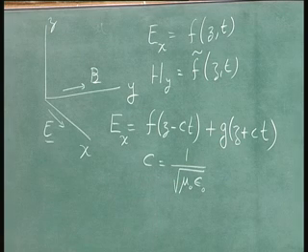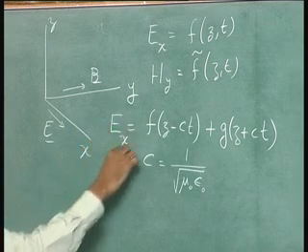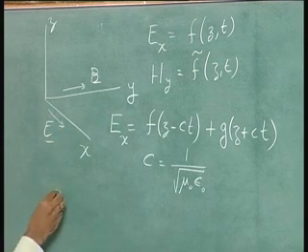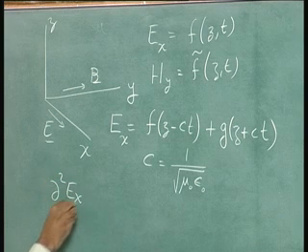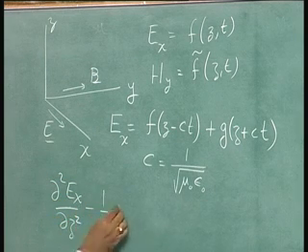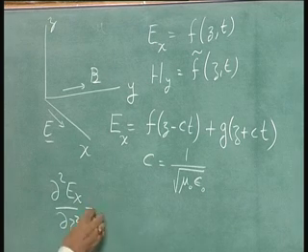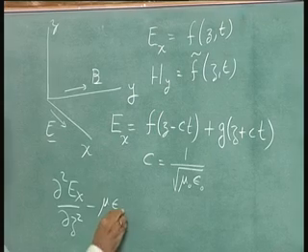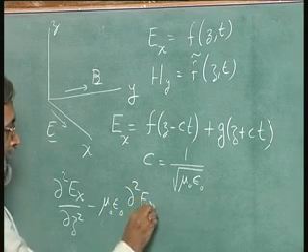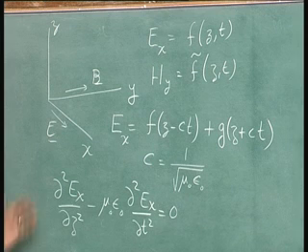I did not prove it, I gave it to you as an assignment, but you can show that the equation satisfied by Ex, namely del squared Ex over del z squared minus mu epsilon del squared Ex over del t squared equals 0, this equation we have derived.